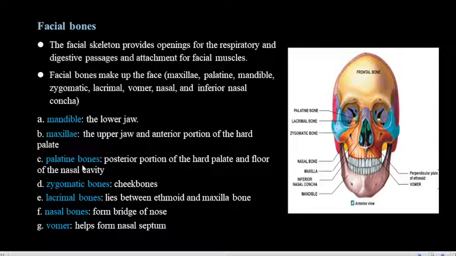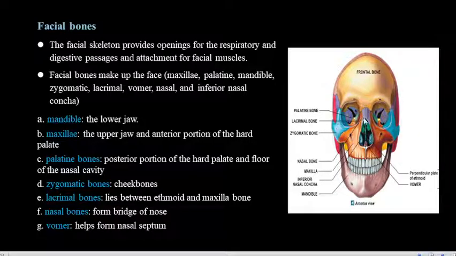Now, we also have the palatine bones. Okay, sa medyo likod, posterior portion na siya ng hard palate and floor of the nasal cavity. You also have the cheekbones or the zygomatic bone, the lacrimal bones that lies on the ethmoid and maxilla bone. So, eto siya. And then you have the nasal bones that forms the nose bridge.